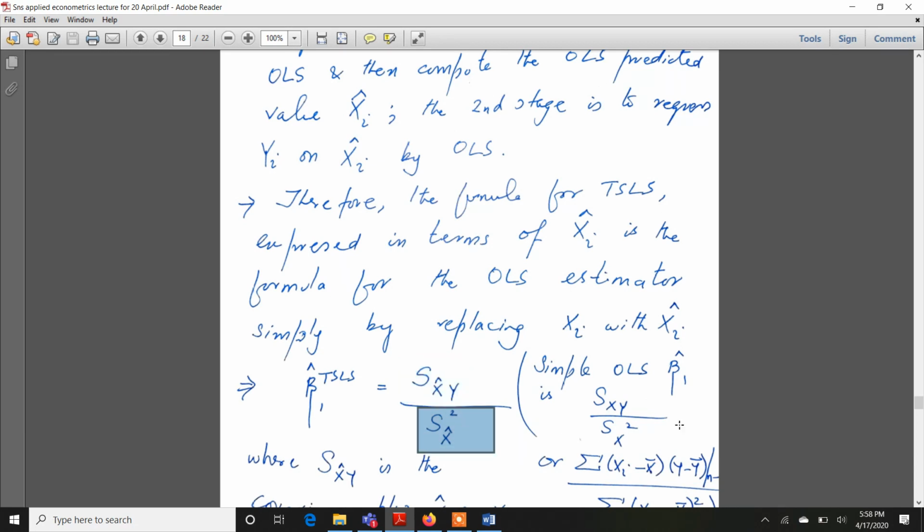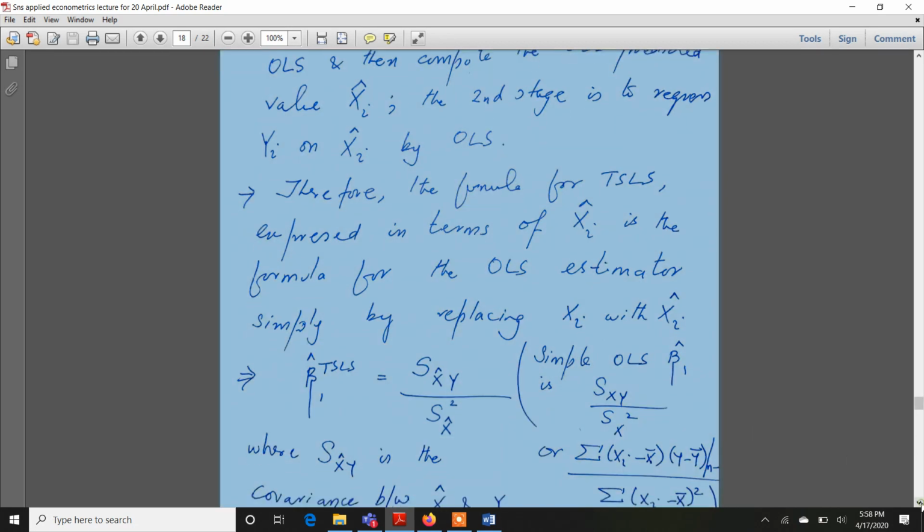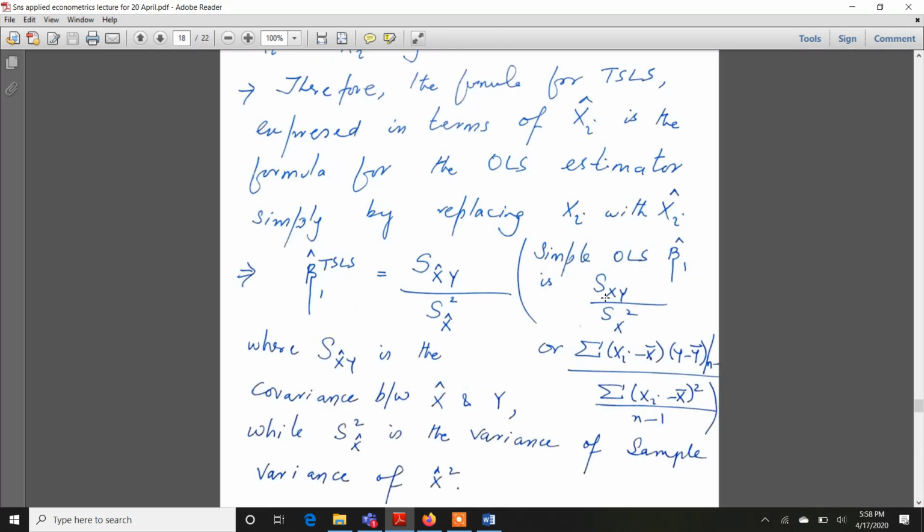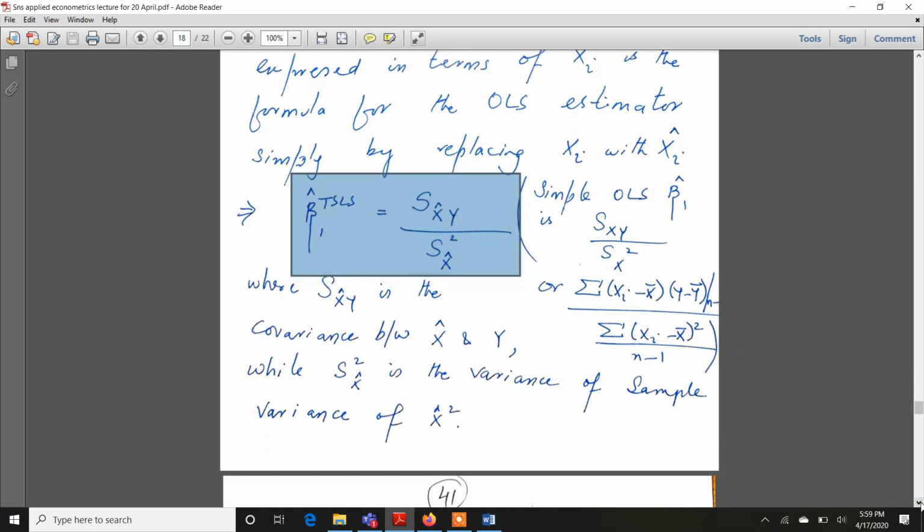If you recall, the simple OLS beta 1 formula was the covariance between x and y divided by the variance of x. But now, in the second stage, we regress y on x hat, therefore we have the covariance between x hat and y divided by the variance of x hat. This is the formula for the slope coefficient under TSLS.